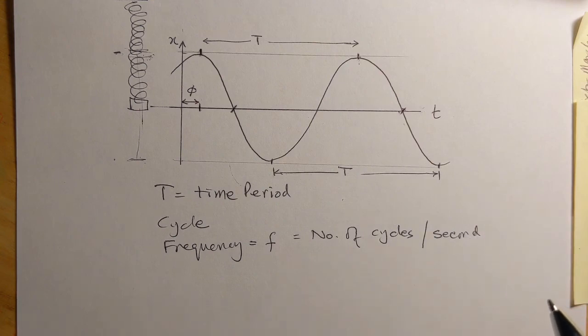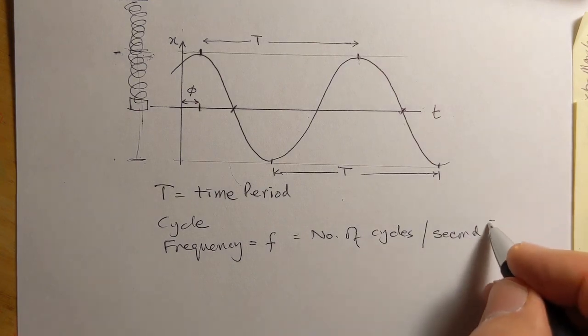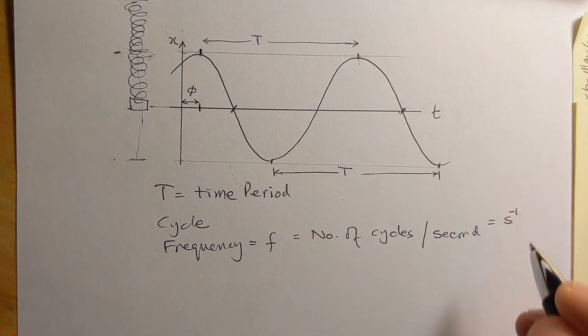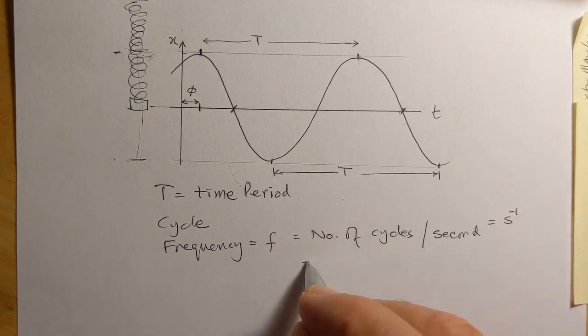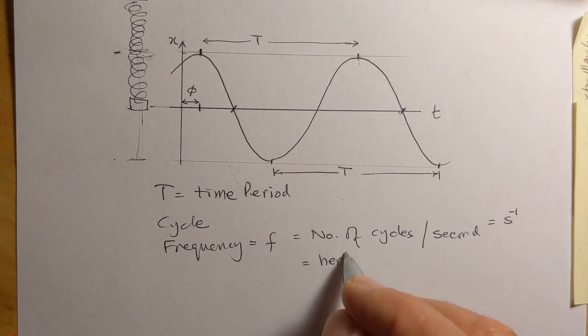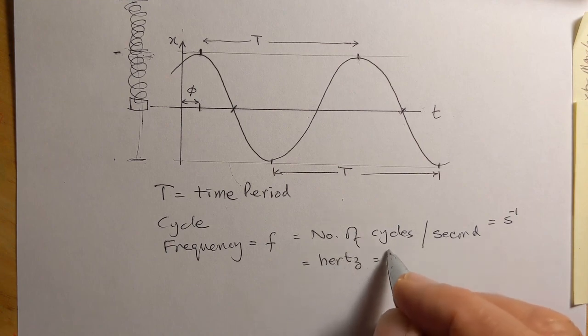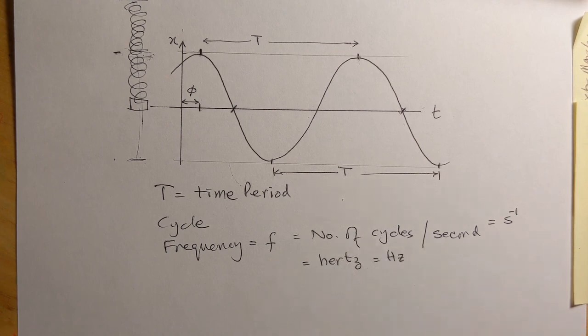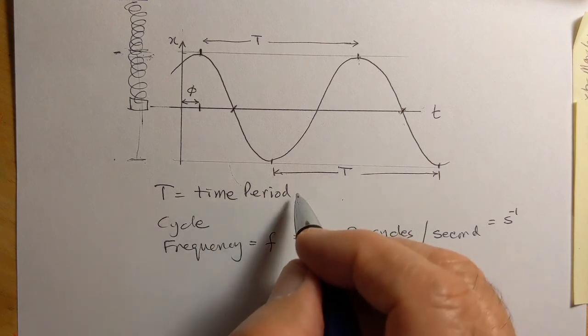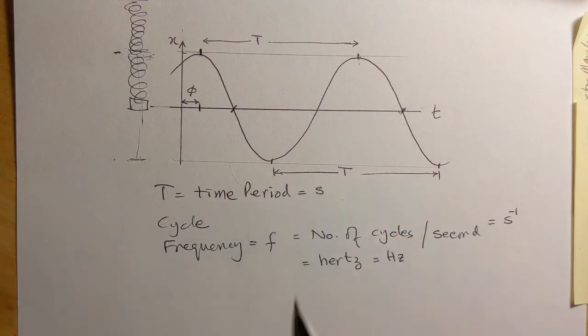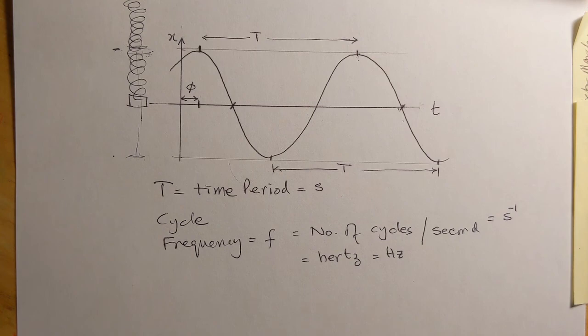So the number of cycles per second is the frequency, and it's written as per second, or also in terms of hertz, and the symbol for hertz is Hz. The unit for time period is a second, and it turns out that the frequency is equal to 1 over T, or T is 1 over f.